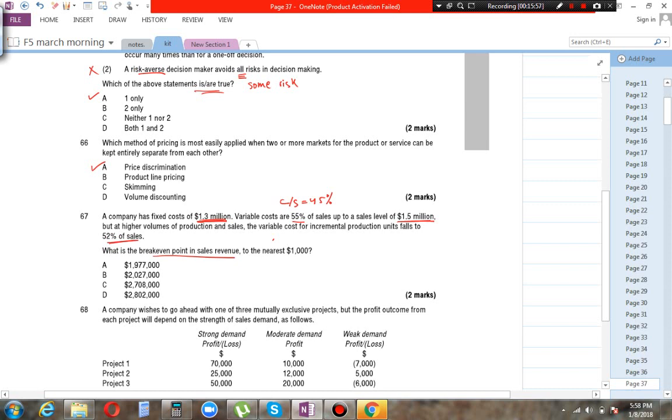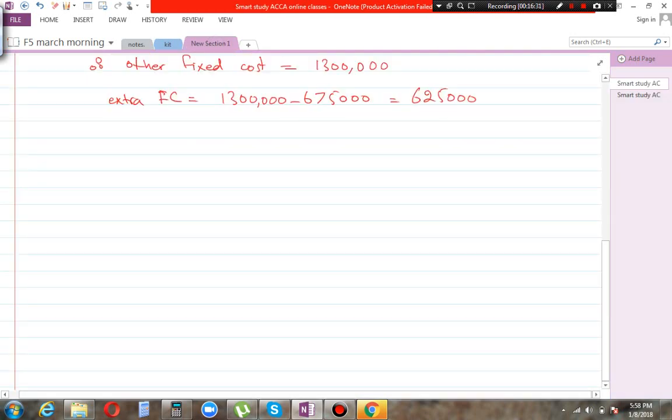So again, contribution should be equal to 48% of sales, in other words the contribution to sales ratio is 48%, or 0.48. And now we have the fixed cost also. The fixed cost is 625,000.